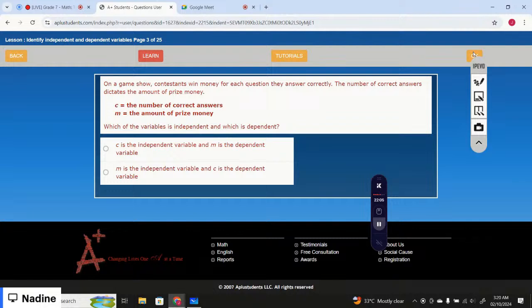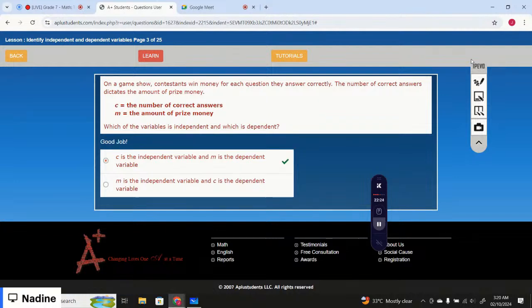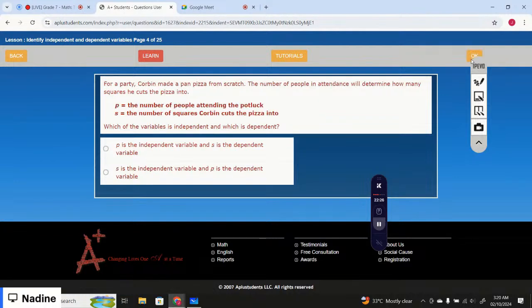So the number of correct answers is the independent variable and the amount of prize money is the dependent variable. So C is the independent and M is the dependent variable. Option number one is the correct option. Got it?